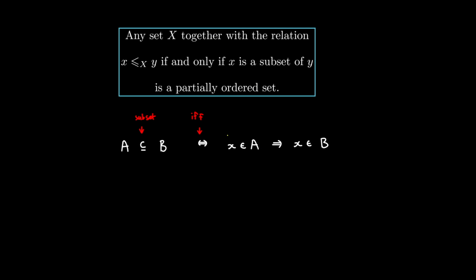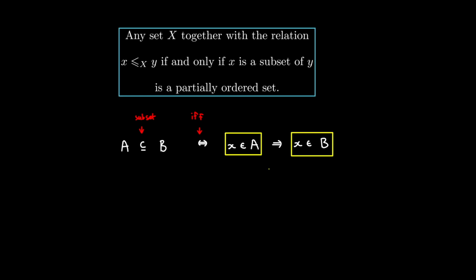So again, it involves two statements, this one and that one, and they are connected in a different way. For divisibility and less or equal, we had conjunction. We had that x divides y if something is true and something else is true.